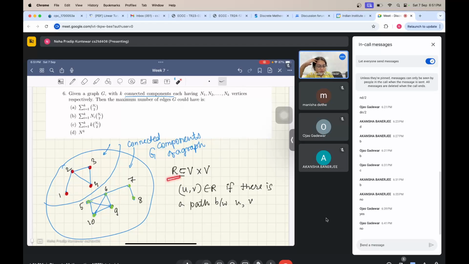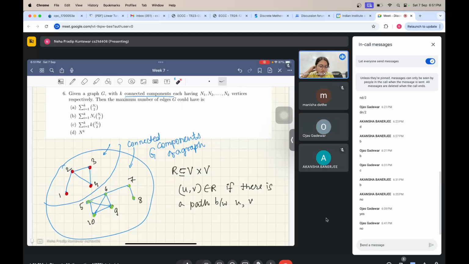What kind of properties can you say about this relation? Is it symmetric, reflexive, transitive? Ma'am, I think it is transitive.